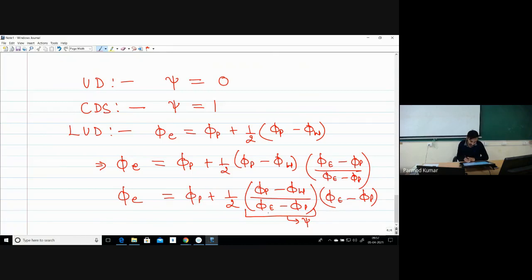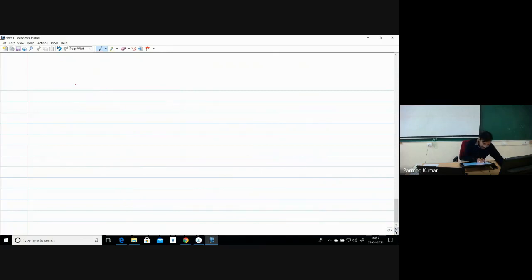So over here this psi is becoming nothing but the ratio of gradient in the upstream direction to the gradient in the downstream direction. Let me call this parameter, phi p minus phi w by phi e minus phi p, as some parameter r.